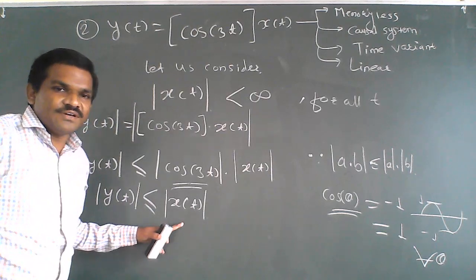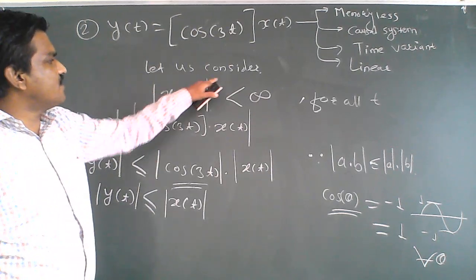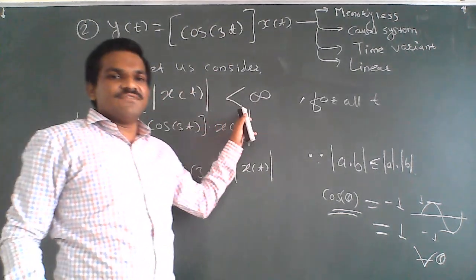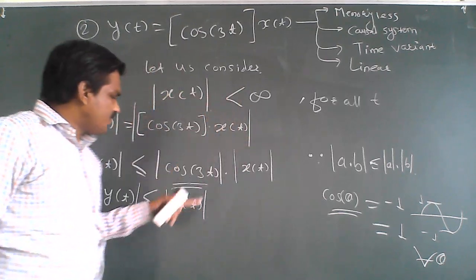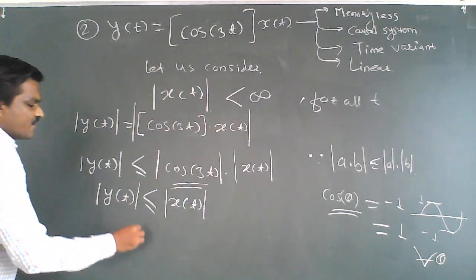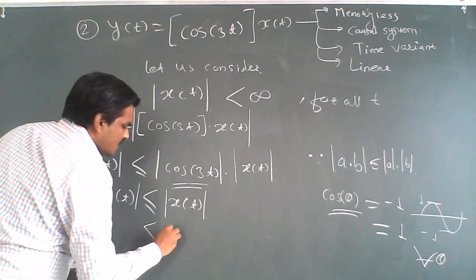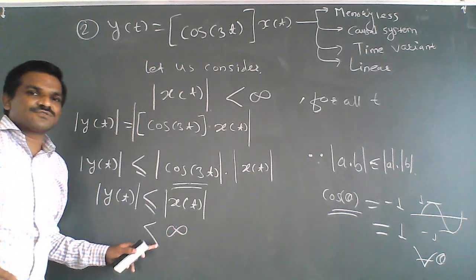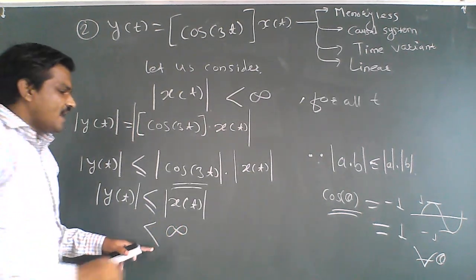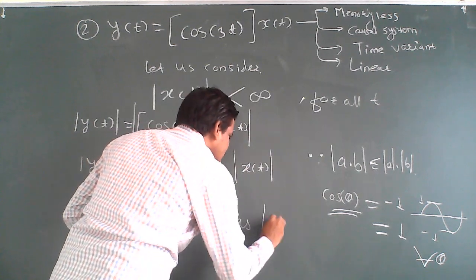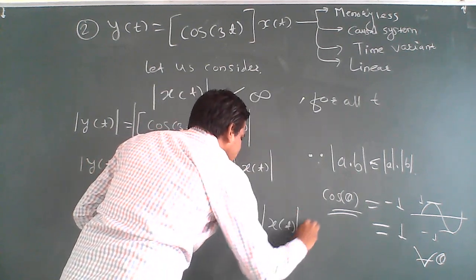But we have considered mod of x of t is less than infinity. This implies mod of y of t is also less than infinity, as mod of x of t is less than infinity.